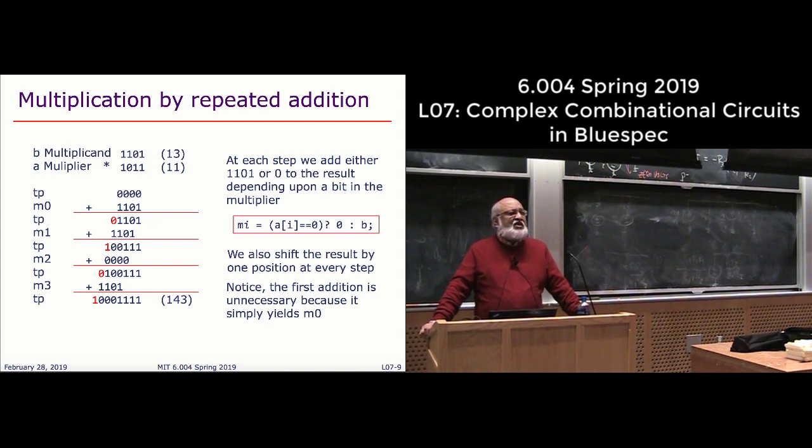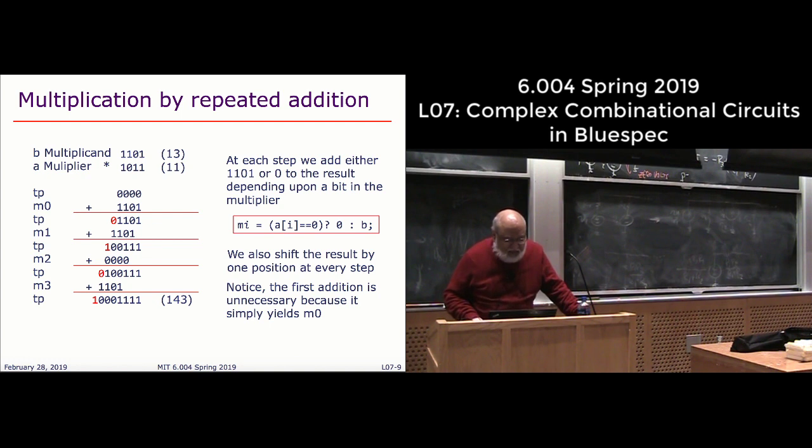So in the next iteration, what do I have to add? The bit is 1 again, so I'll be adding 1101 again. And the next time, the bit is 0, so I will be adding 0 to it.